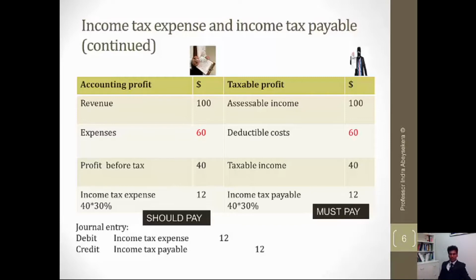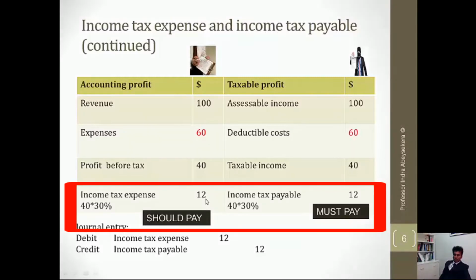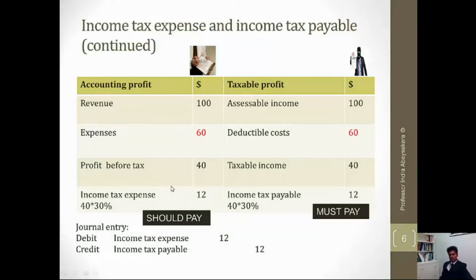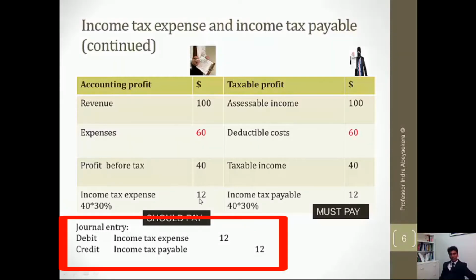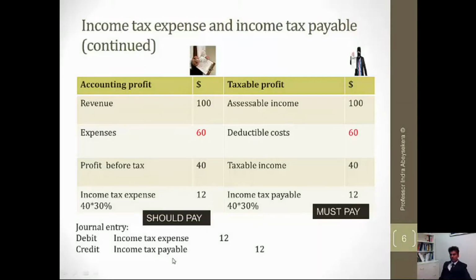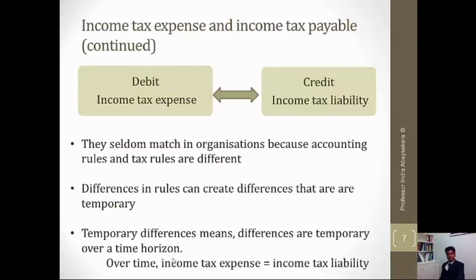Applying the tax rate, we come up with income tax expense we should pay and income tax payable we must pay as equal, 12 and 12. Okay. And then we can record the journal entry. Payable is a credit and expense is a debit. Debit income tax expense and credit income tax payable, 12 and 12.